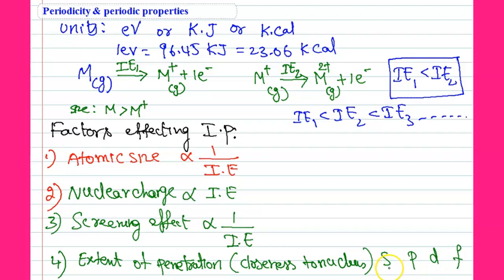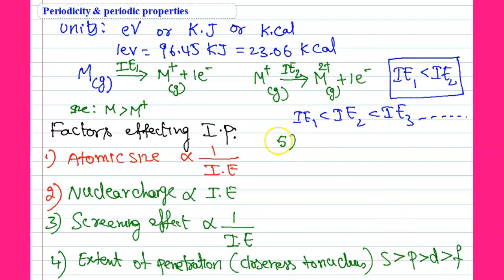Very close means removal of electrons from s orbitals is very difficult, so high ionization energy is required. So the extent of penetration means closeness to the nucleus.